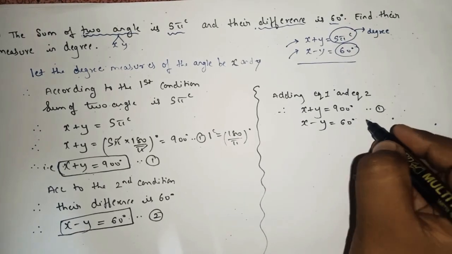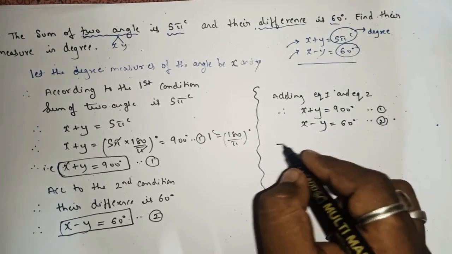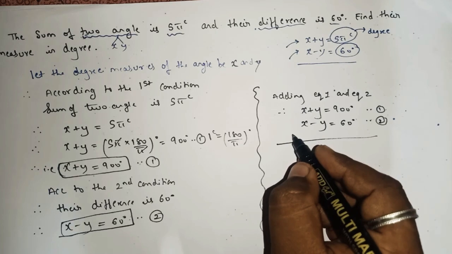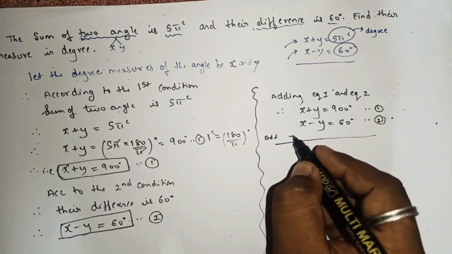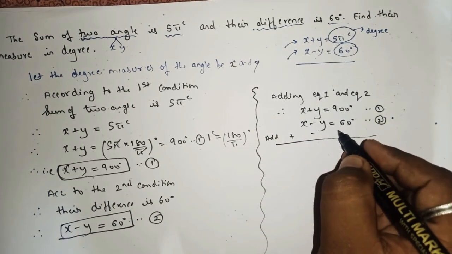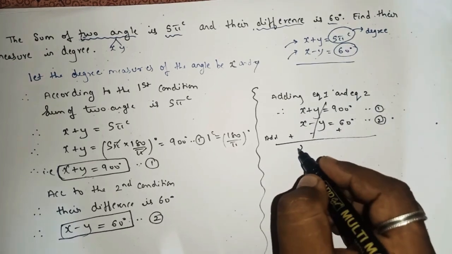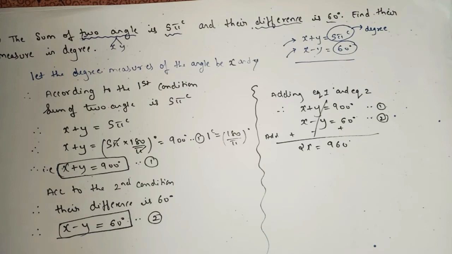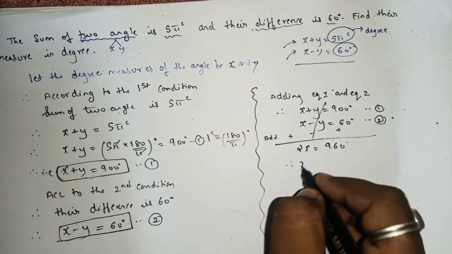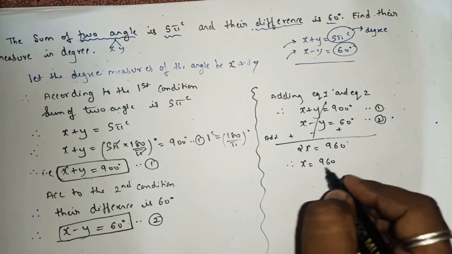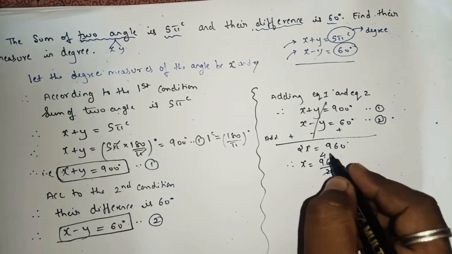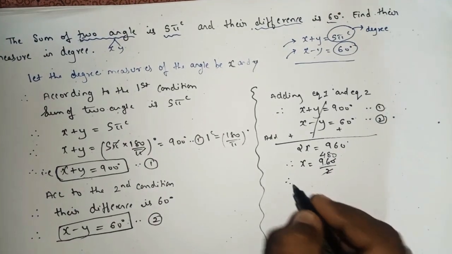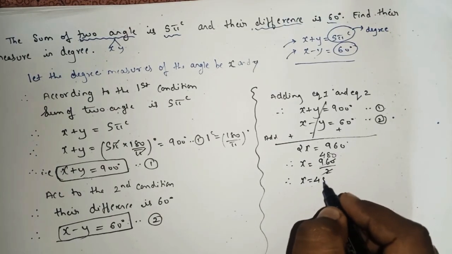So adding, y will get cancelled, so this will be 2x, this will be 960. Therefore x will be equal to 960 upon 2, so your x will be 480.